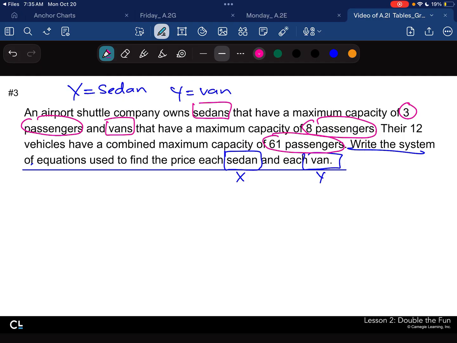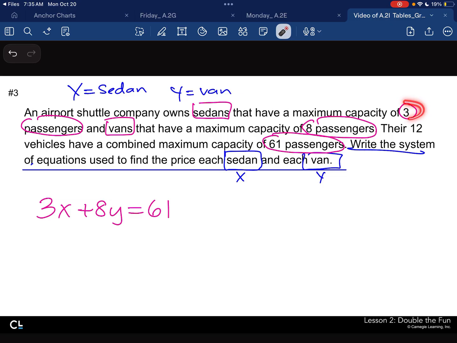Each sedan has 3 passengers, so that means 3 times X. Plus, each van has a max of 8 passengers. In total, it should always be 61. A way to remember it is 3, 8, 61: the larger number should be the total, the equal amount.